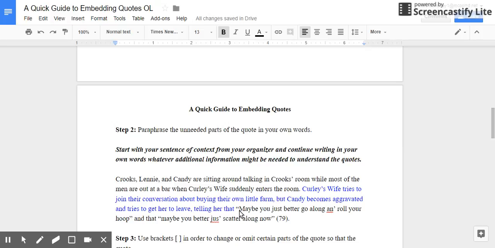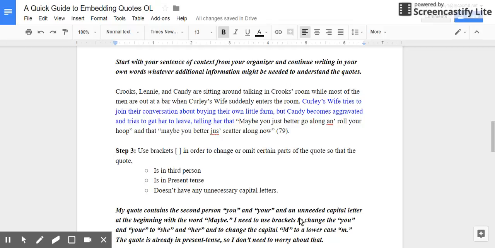And then I need to connect that to maybe you just better go along and roll your hoop, and maybe you better just scatter along. So I need to know who's saying that and why they're saying it. So what I added was Curly's wife tries to join their conversation about buying their own little farm, but Candy becomes aggravated and tries to get her to leave, telling her that, and then the quote. So that added the needed information of who was speaking and why they were saying what they were saying.